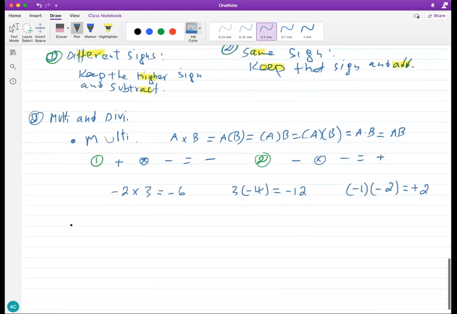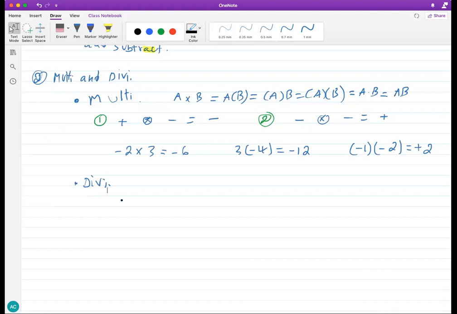All right, so that's multiplication. Let's talk about division. Division can be expressed in a couple of ways. Unlike multiplication, we have a variety of ways to write it, at least three. We can say A divided by B, that's the common one with the division sign. Or we can say A/B.